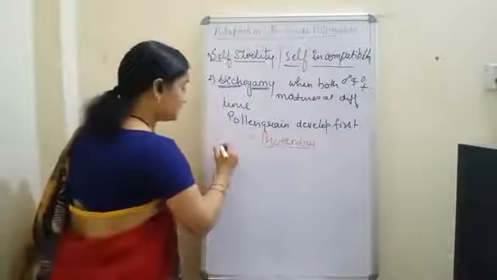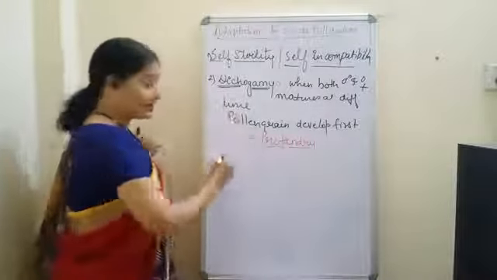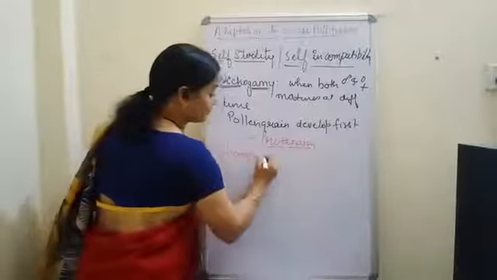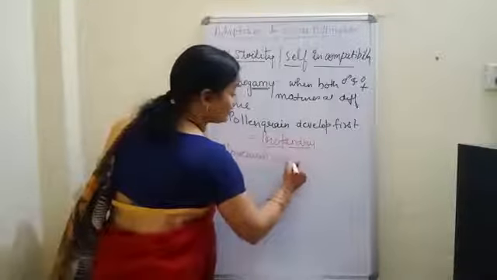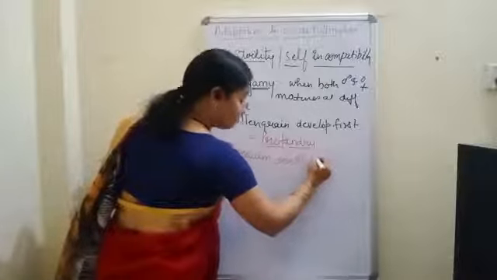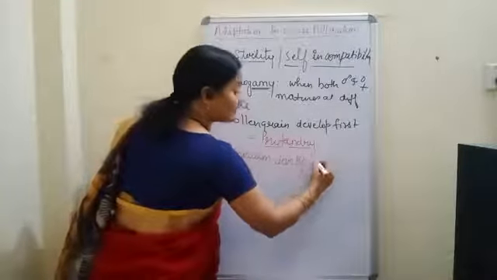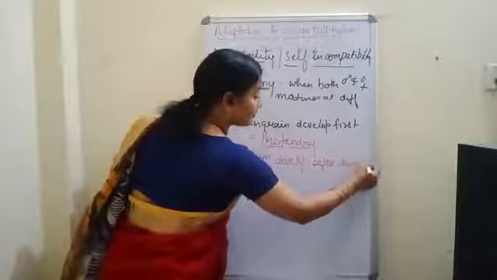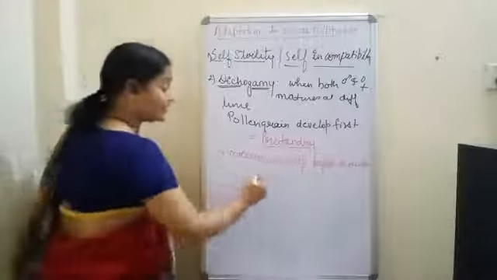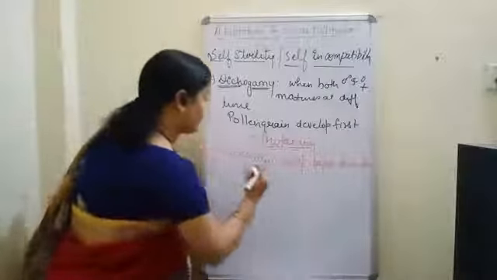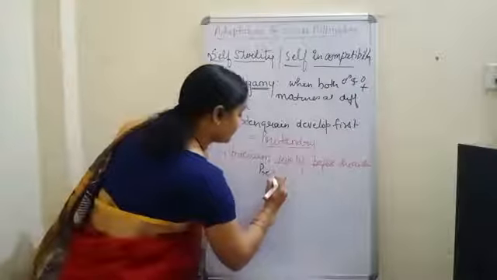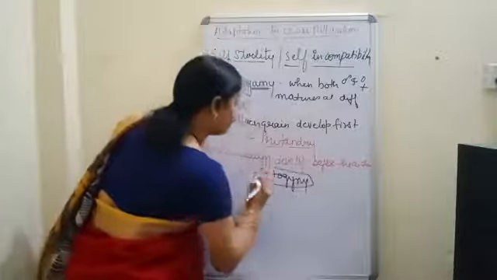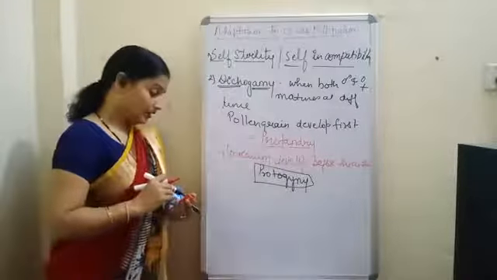And if the stigma, that is, the gynoecium, develops before the anther, okay, then the condition is called protogamy. Understood?